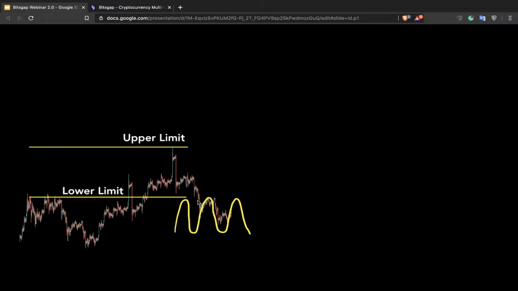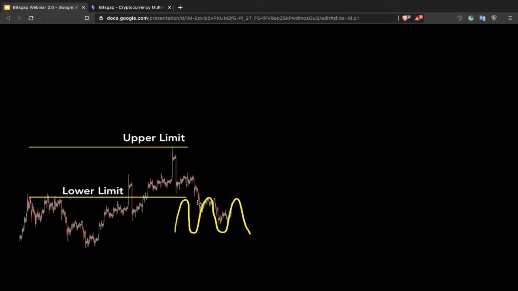So that means that as it breached the lower limit price, there will be no action in this area. So the bot will not trade for us in this case. But as the price then again comes back, it has retested, it has bounced off this level, and now it again moved upwards and has entered again the trading range. Here is the zone where our bot will start trading again. All right.